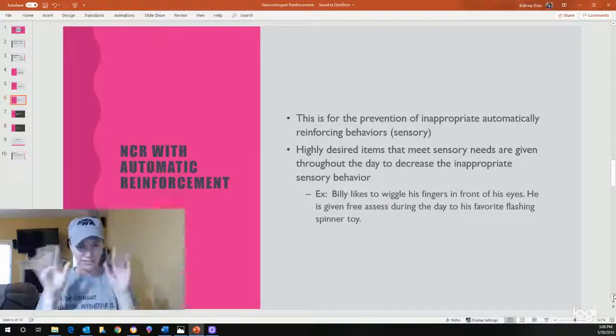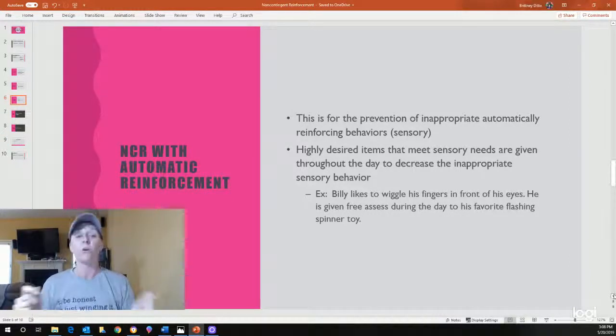They won't need to flick their fingers in front of their eyes or rock. So something like giving them a highly desired item that meets that sensory need throughout the day, so we can decrease that inappropriate sensory behavior.